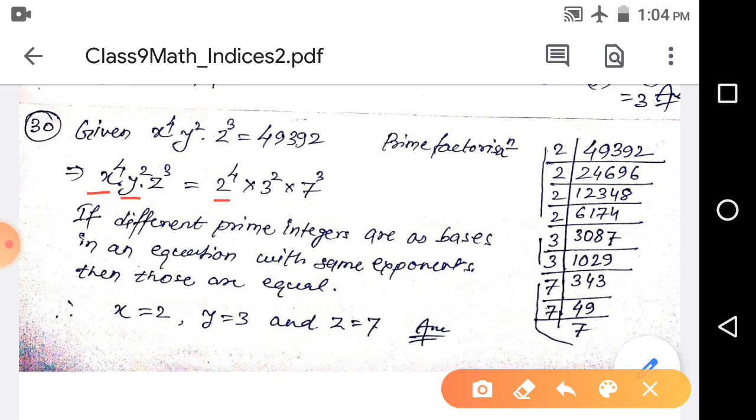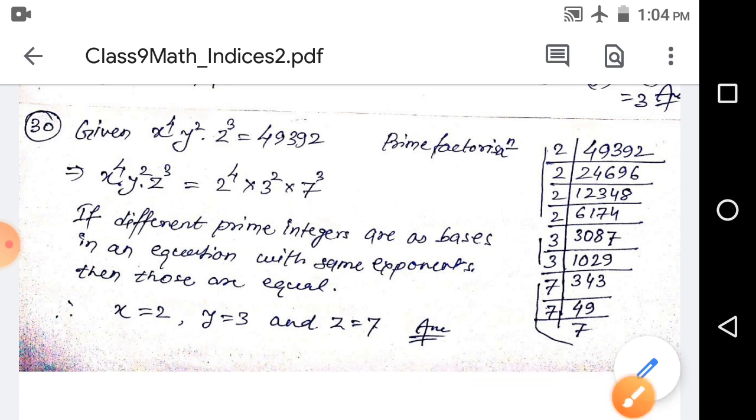For y the exponent is 2, and for 3 the exponent is also 2. So the 2 and 2 are the same, which means y must be equal to 3. And again here z has the power 3, and here 7 has the power 3, so z equals 7.